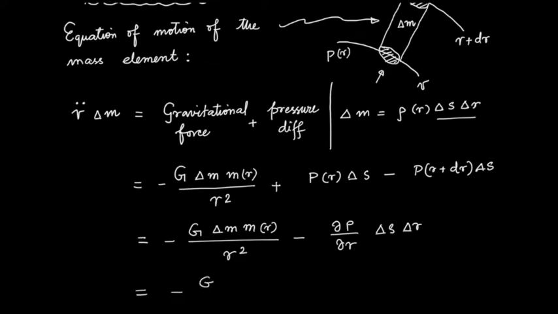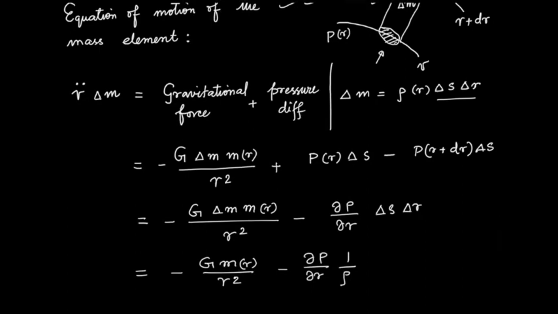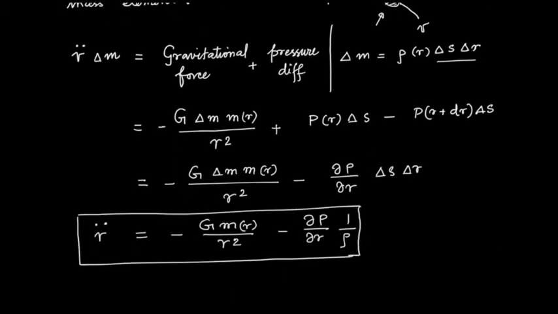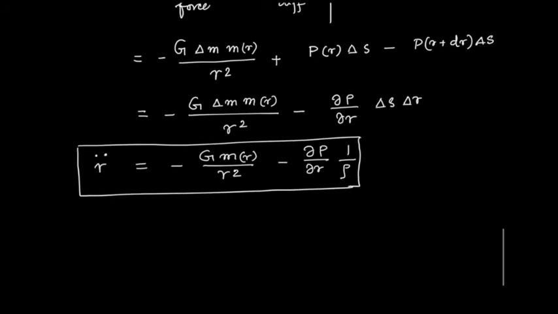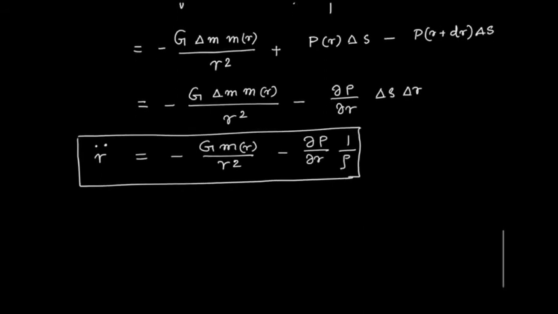So this I can write as G M(r) by r square minus del P del r, with delta S into delta r being delta m by rho. So I put the 1 by rho here, and delta m I can take common outside, which cancels with the delta m on the left hand side. So I am left with this equation, which is the other equation of stellar structure.